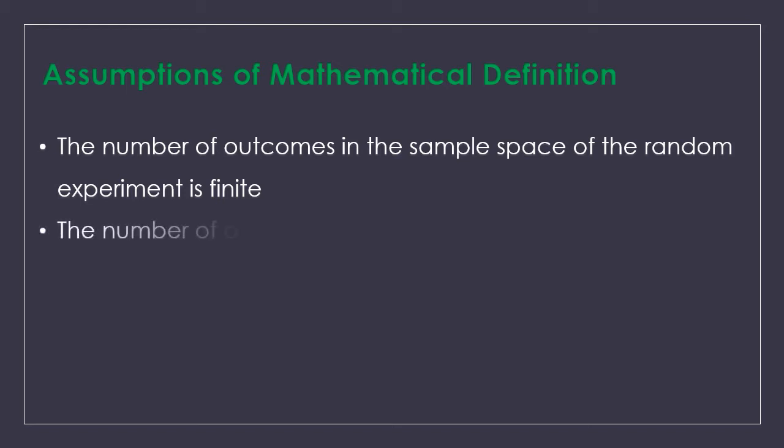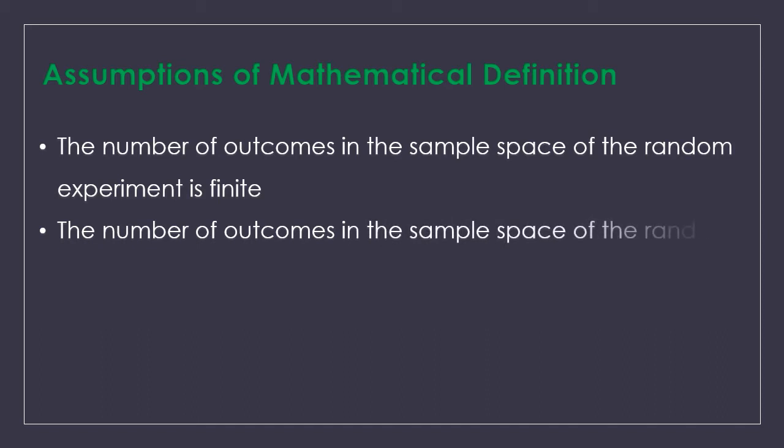The second assumption is that the number of outcomes in the sample space of a random experiment is known, meaning which outcomes and how many outcomes there are must be known in advance. If you don't know that, there is no chance of calculating the probability, because n, the total outcomes, must be known.